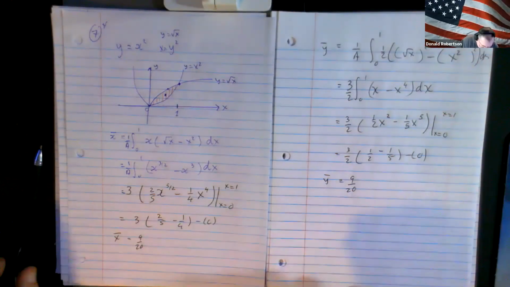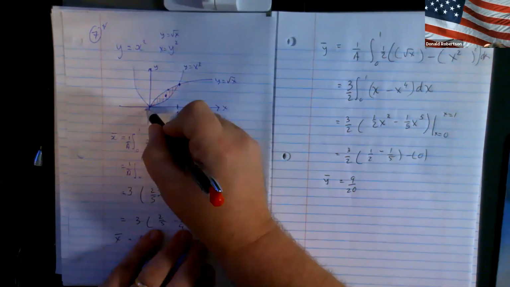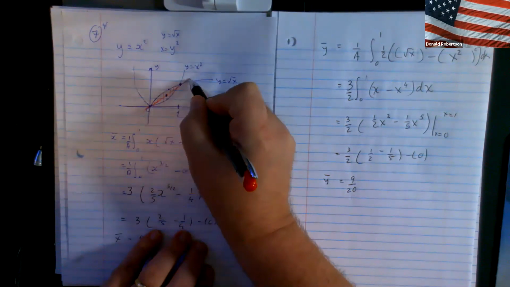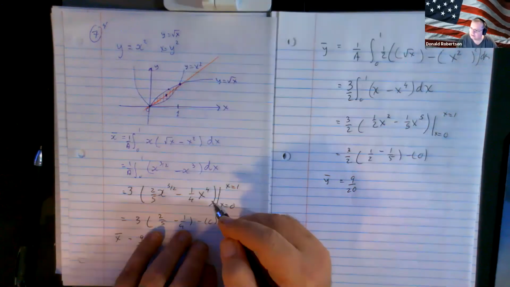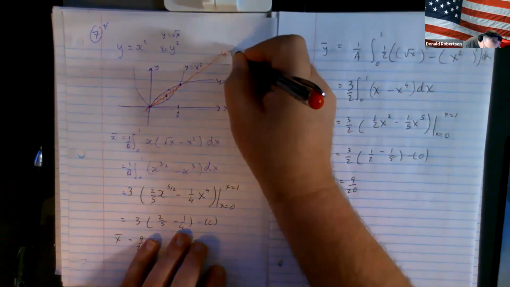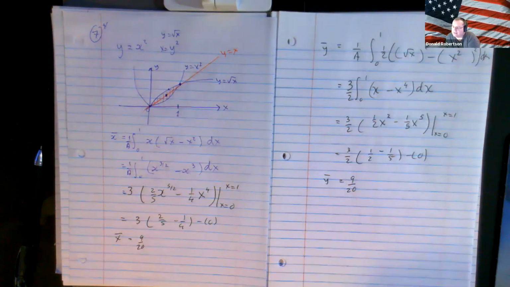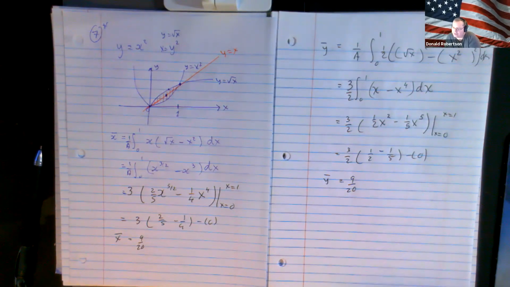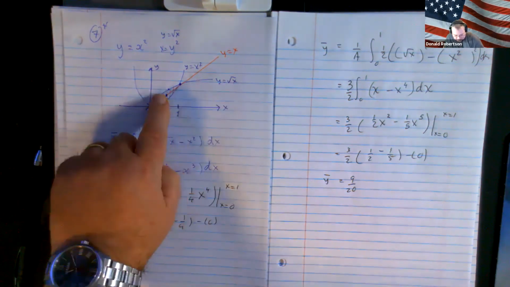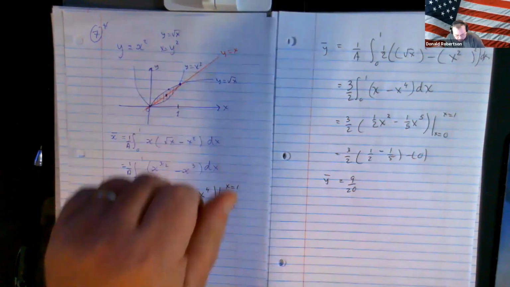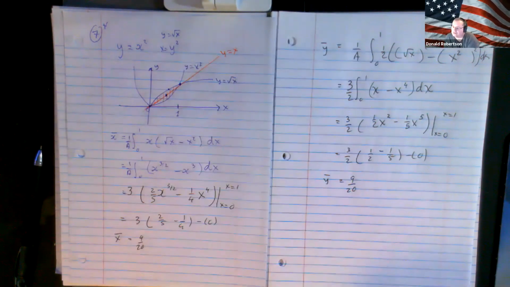There is something that I can say with a fair degree of confidence: do you notice that this shape has an axis of symmetry that goes through that line? And that line happens to have the equation y equals x. Now, if the shape that you're trying to find the centre of mass of has an axis of symmetry, then the x bar, y bar must lie on that axis.